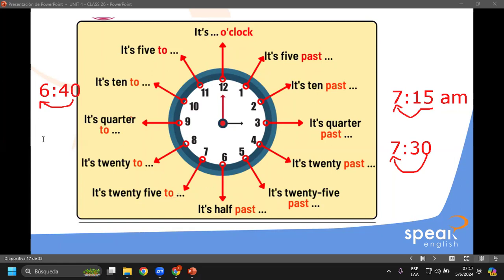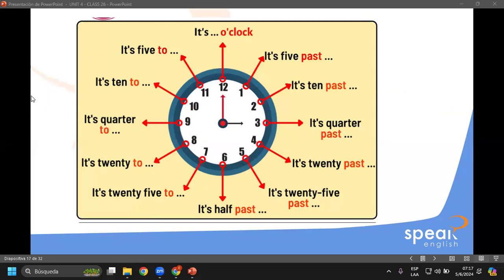And let's see if I say, what time is it? It's 5 to 6. Excellent. So that's the way that we can say the time.